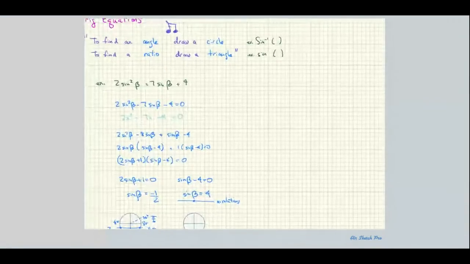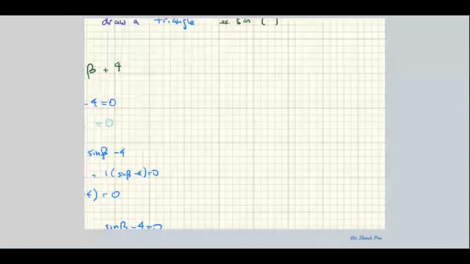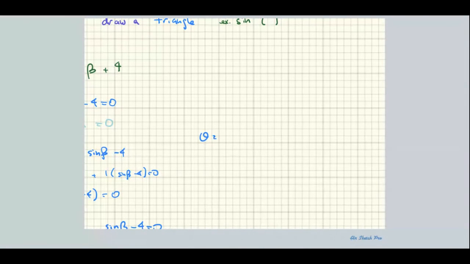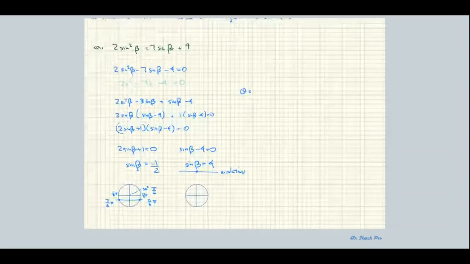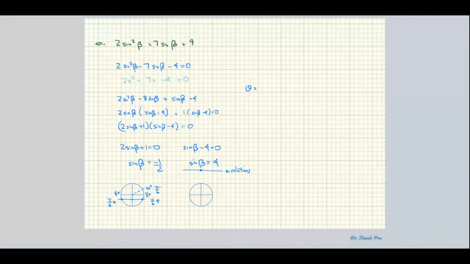So all the solutions on here are going to be given by theta equals 7/6 pi or 11/6 pi.